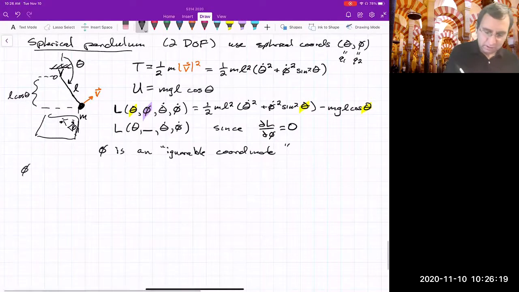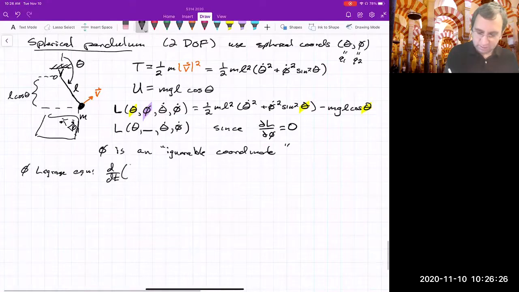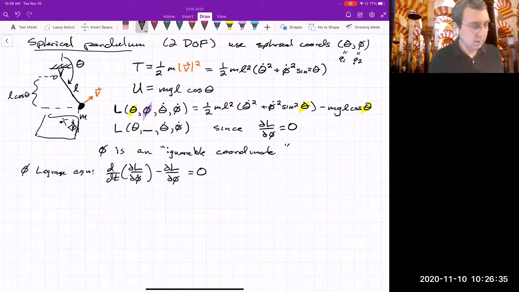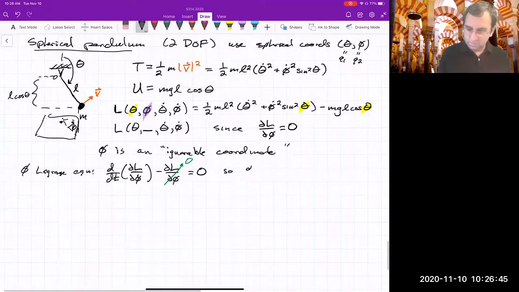Let's look at the phi Lagrange equation. We've got d/dt of partial L partial phi dot minus partial L partial phi equals 0. We're not considering any generalized forces over there. So the total derivative of partial L partial phi dot equals 0.